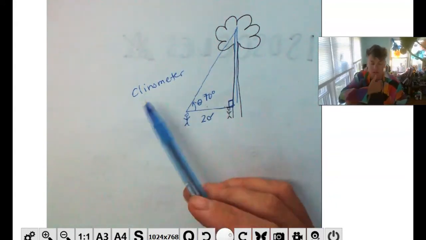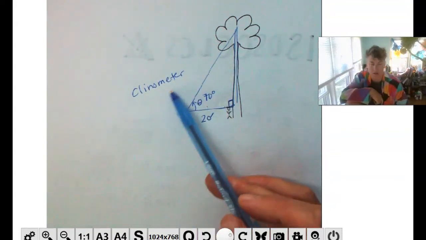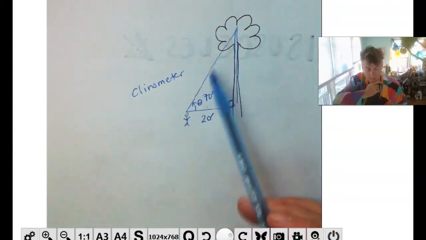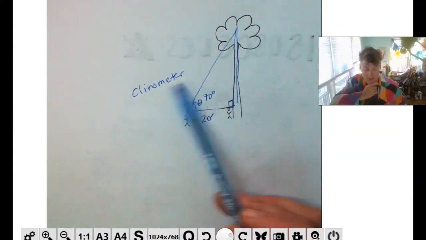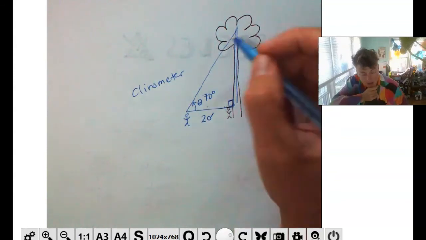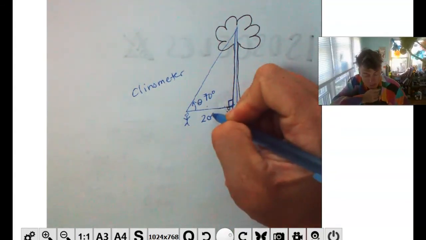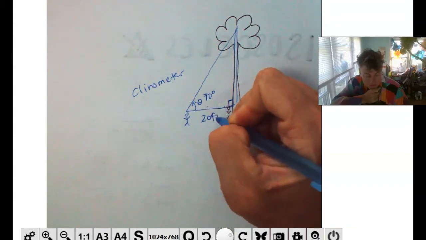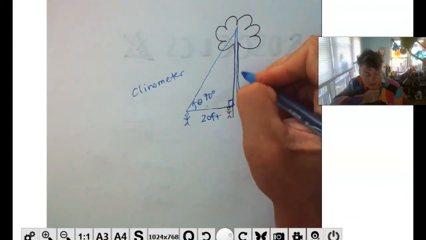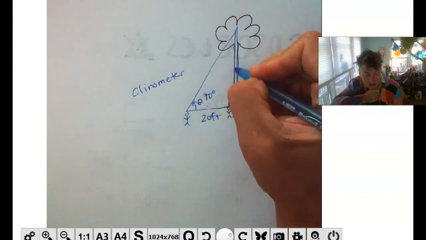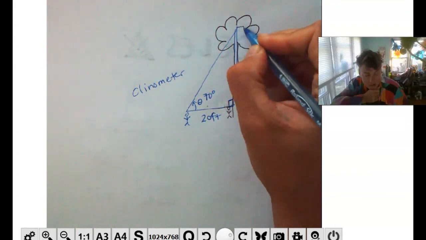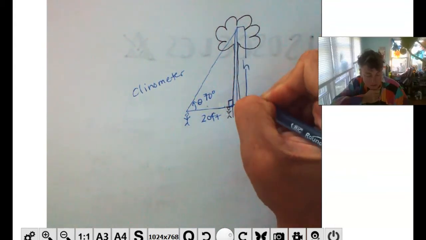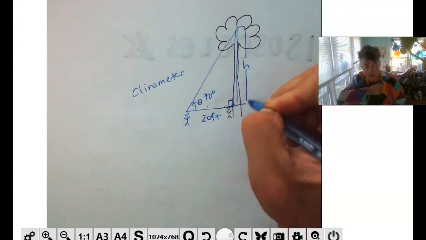I actually used to use the low-tech version of this to measure this angle of inclination. So if we know that we walked 20 feet away, that's 20 feet, this is 70 degrees, we can find the height of this little chunk here, right?